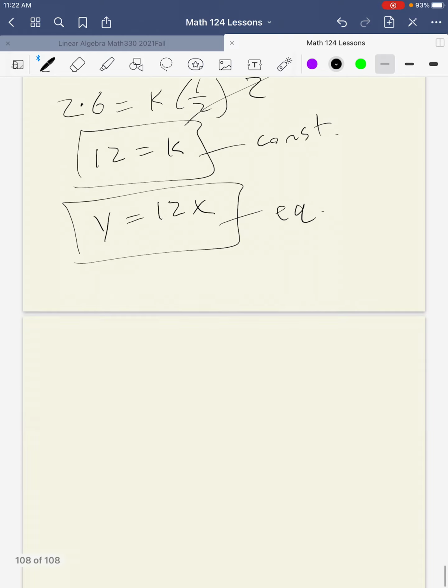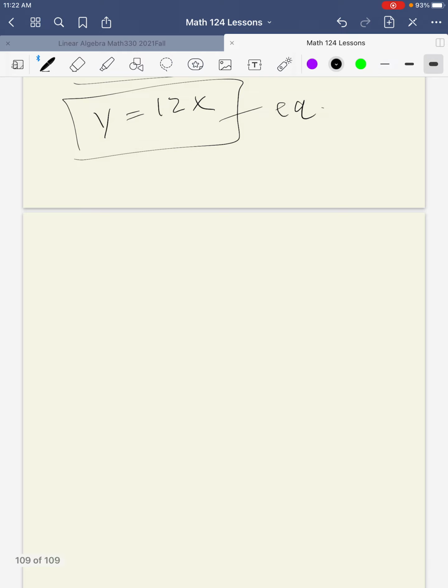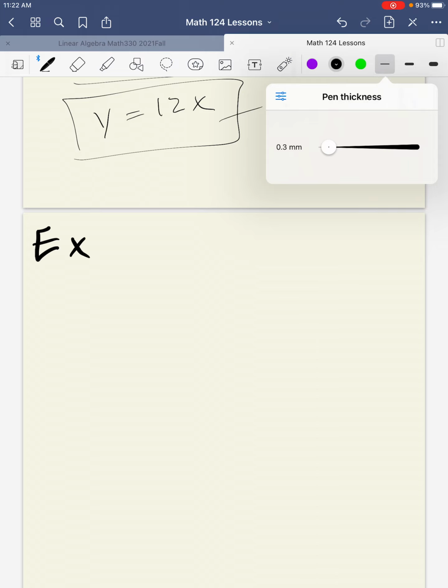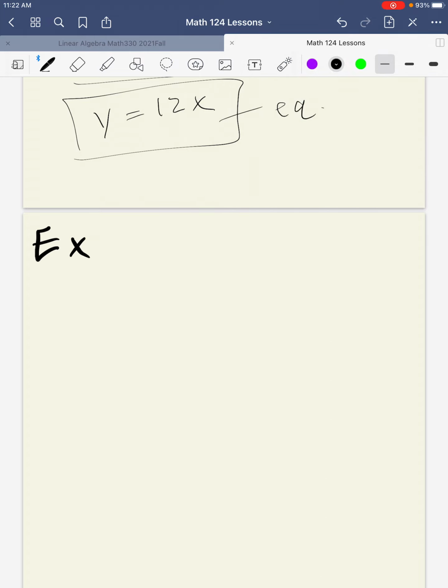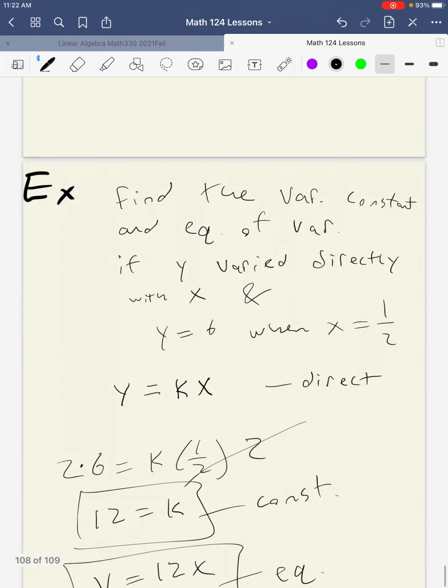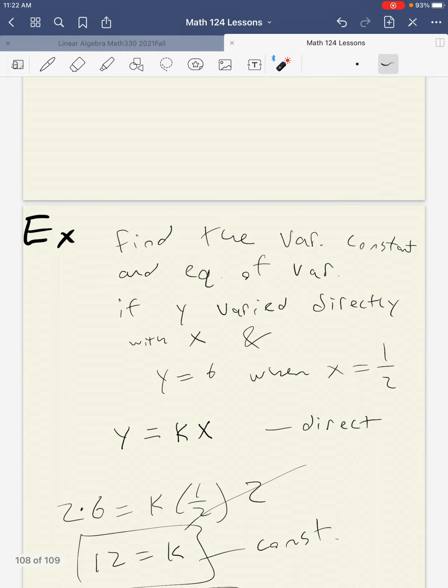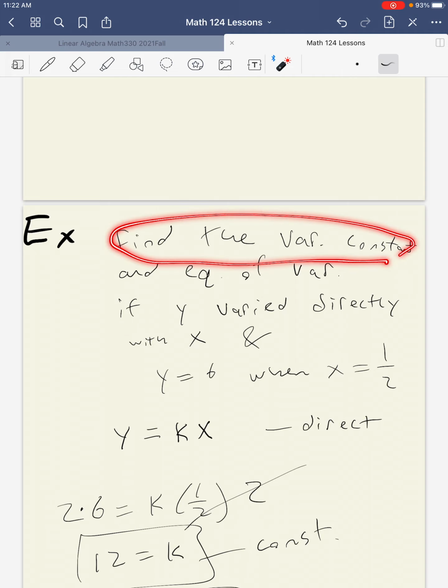Okay, not too bad. Let's look at the one last type of example you may encounter. This time, let's just find the equation, because you need to find the constant in order to find the equation. So this part of the sentence is kind of unnecessary to write.